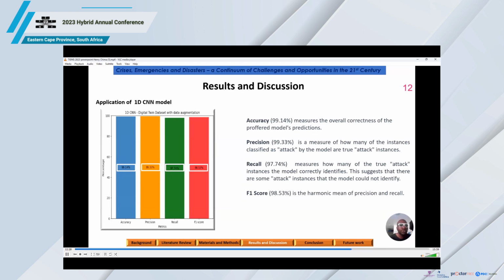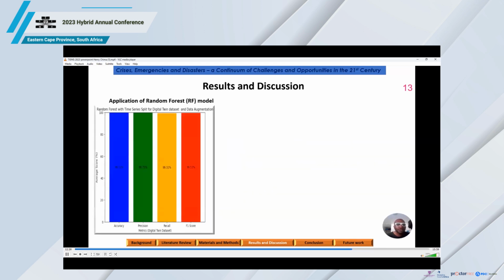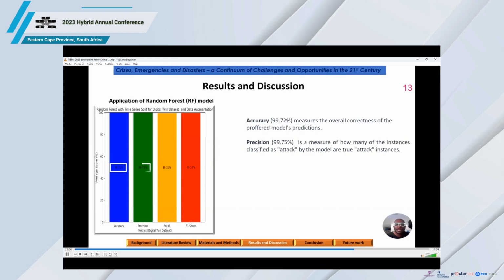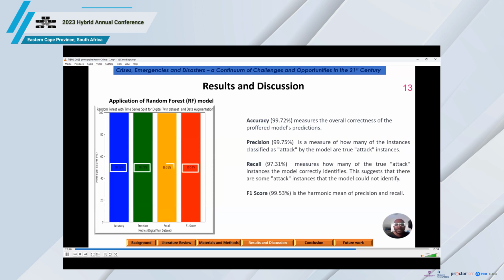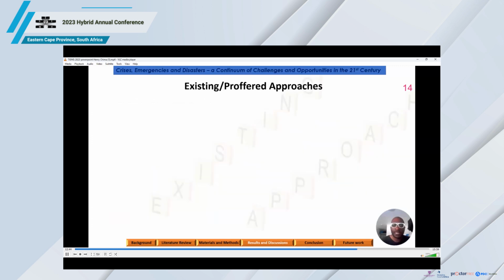I also moved on to apply random forest, which is another model, to see how it performs on the dataset. It came out with an accuracy of 99.72, a precision of 99.75, a recall of 97.31, and an F1 score of 99.74.